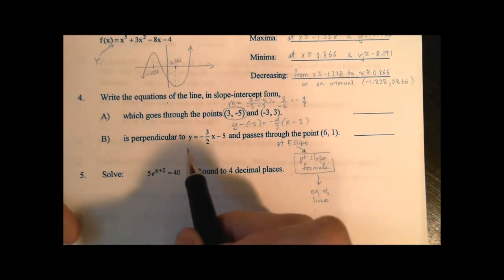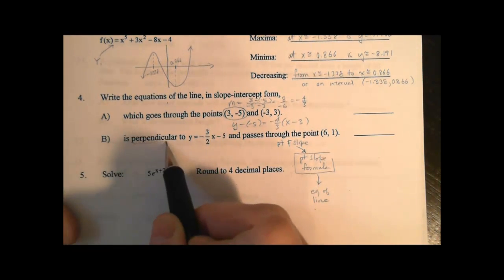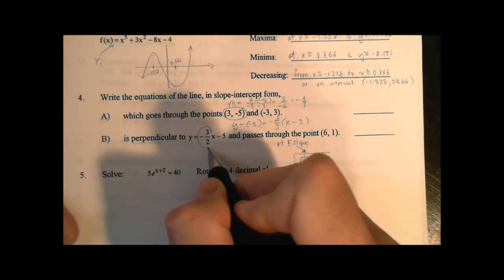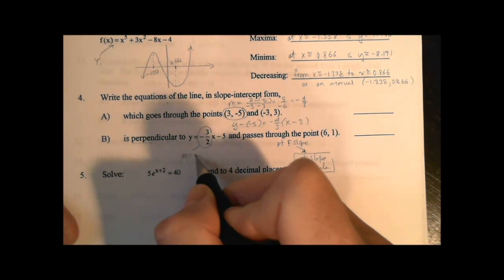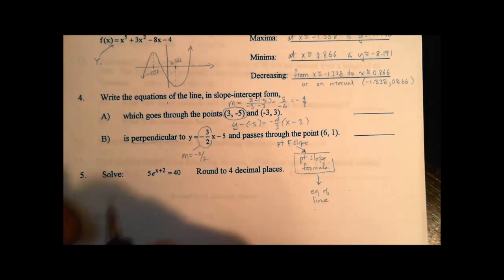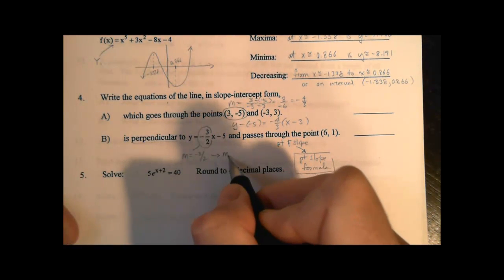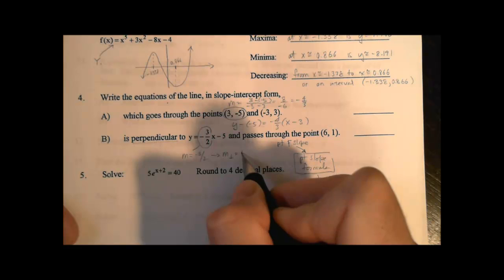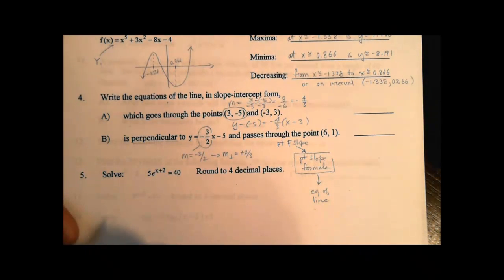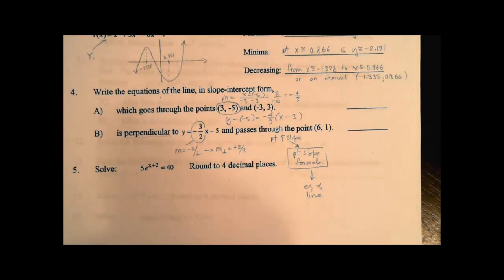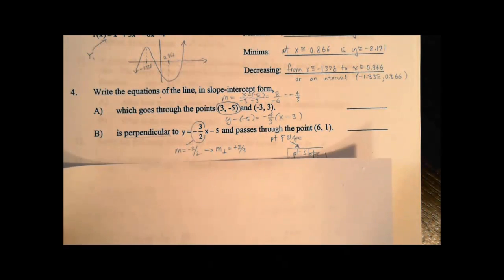The second one, we want a line that's perpendicular to this. There's the m here. And that tells us that the perpendicular slope is going to be positive 2 over 3, opposite in sign, reciprocal in size. And we can go straight to the point slope formula again.